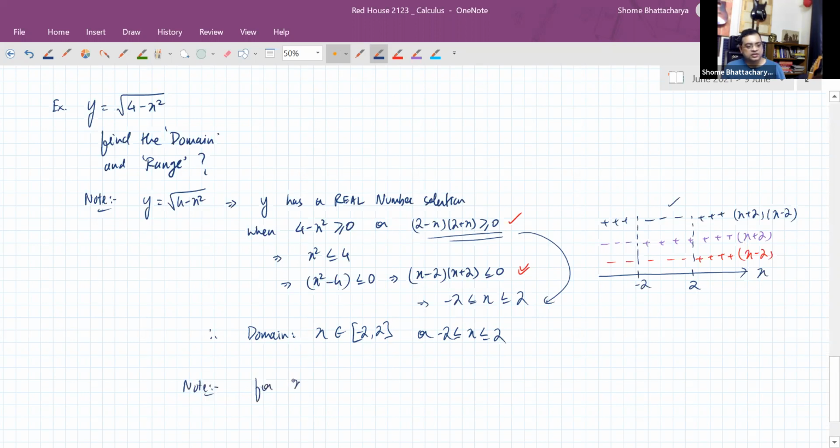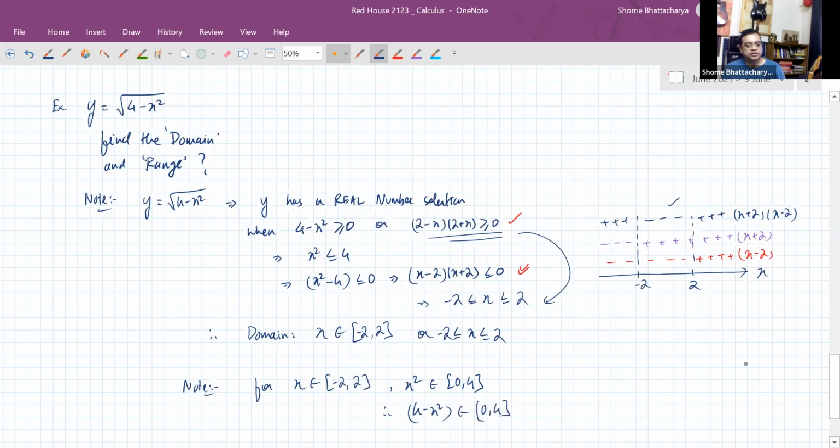for x going from minus 2 to 2, x square has a value of how much? 0 to 4. So therefore 4 minus x square has a value of again 0 to 4 only.